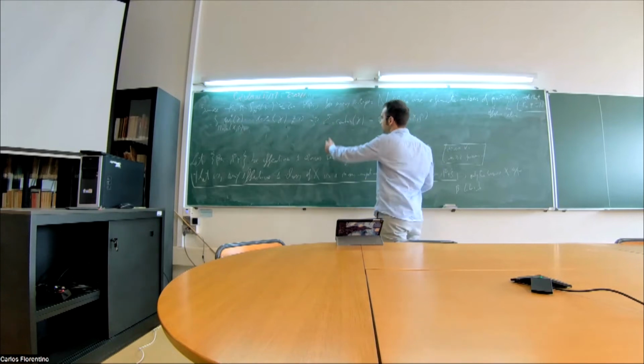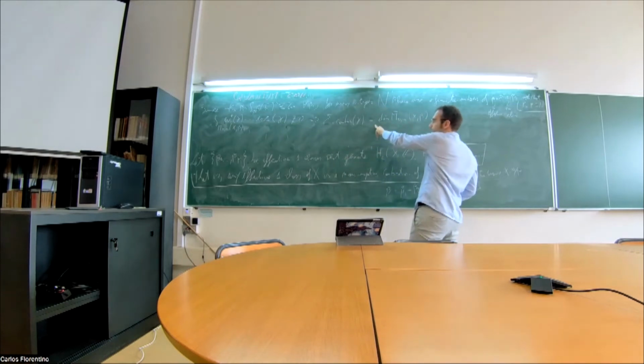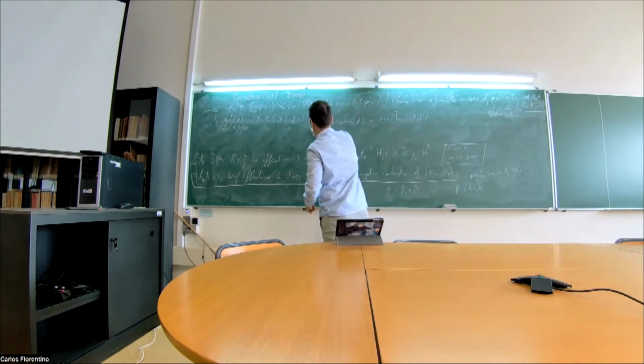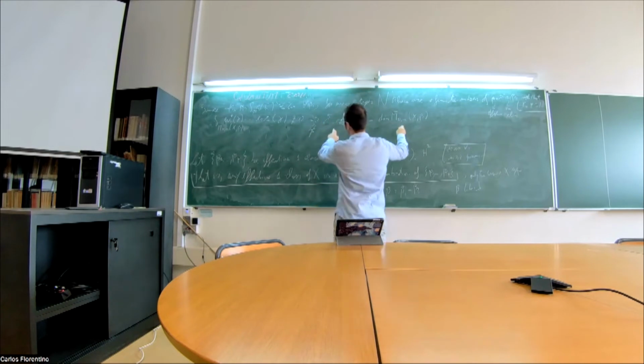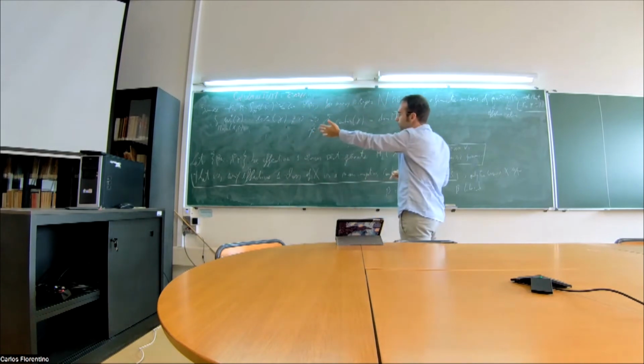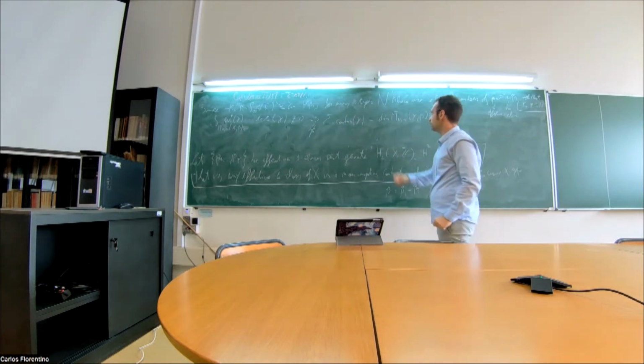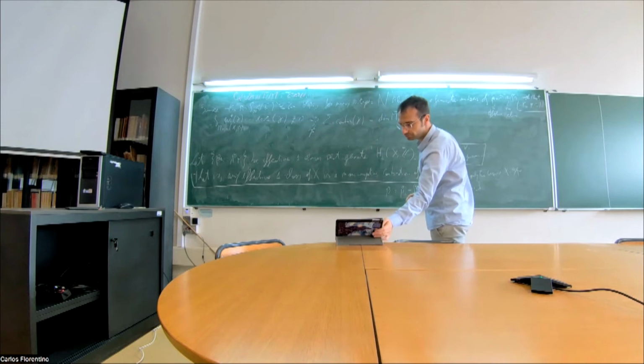So if the invariant is different from 0, this implies this. In general, the other implication is false. I mean, I can have this, but a 0 Gromov-Witten invariant. But if the Gromov-Witten invariant is well defined, this is the necessary condition.